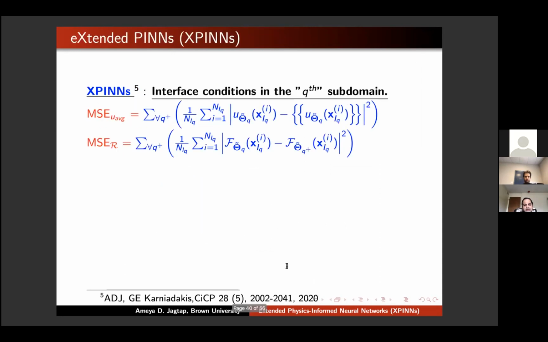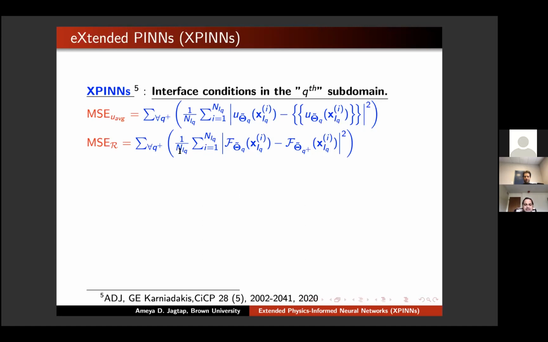So let's see the interface conditions. For XPINN, we have the average solution continuity condition, which is the same as before. And apart from that, we have the residual continuity condition. So basically, we are saying that the residual given by one network at the interface is the same as the residual given by the neighboring networks at the same interface.